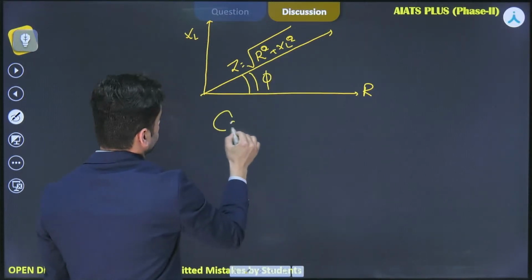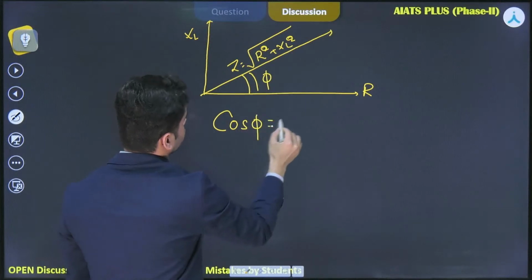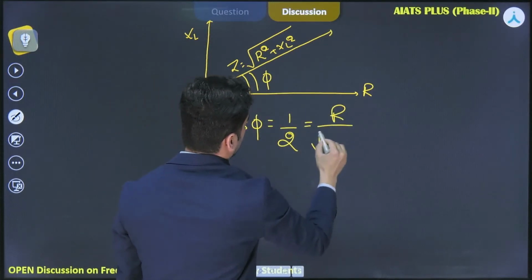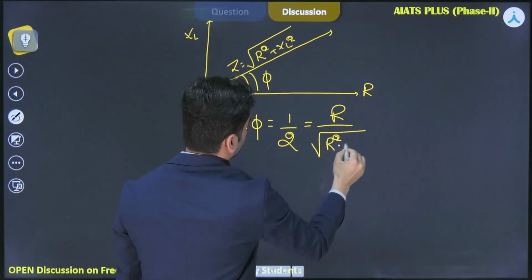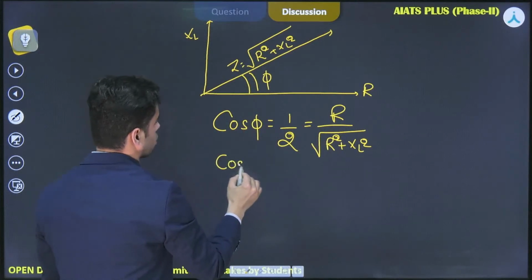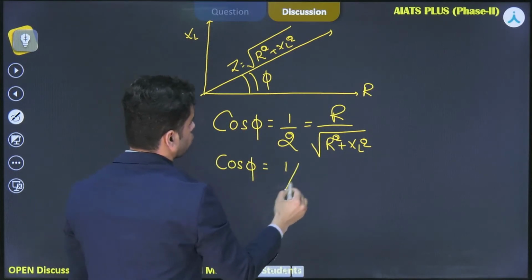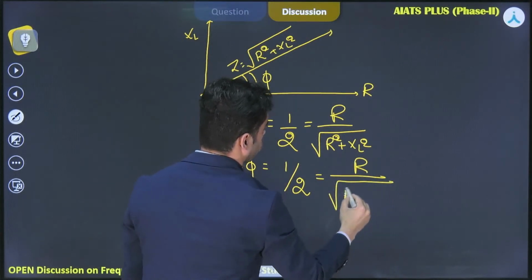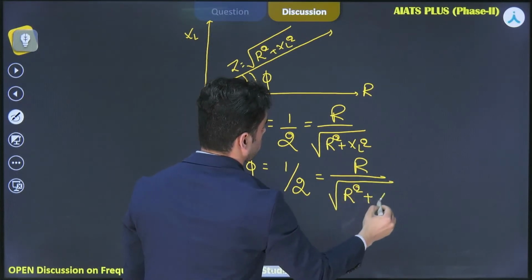So cos phi, again it is 1 by 2, equal to R over under the root of R square plus XL square, and for the previous case again cos phi was equal to 1 over 2, equal to R upon under the root of R square plus XC square.